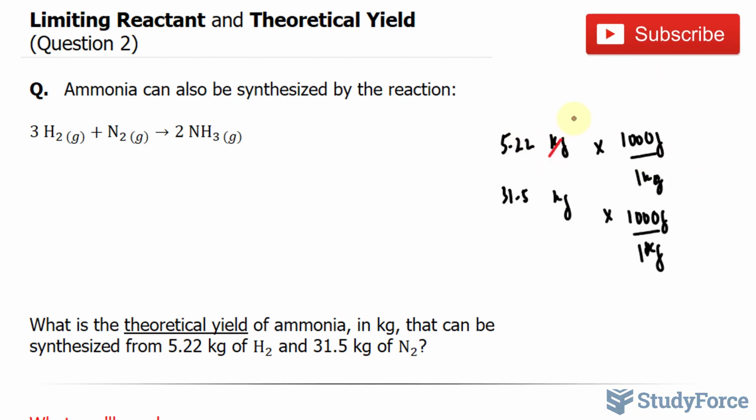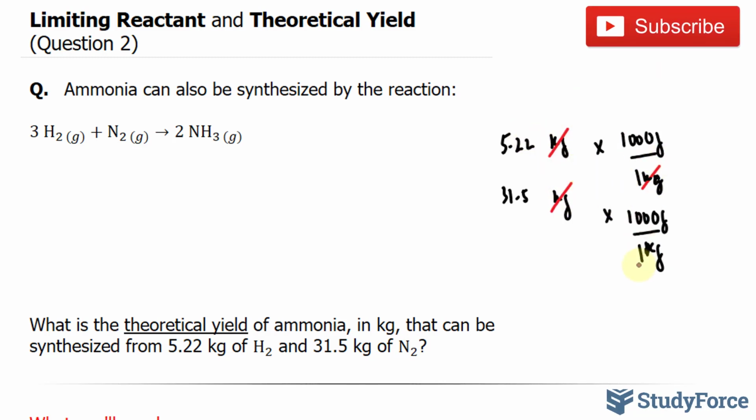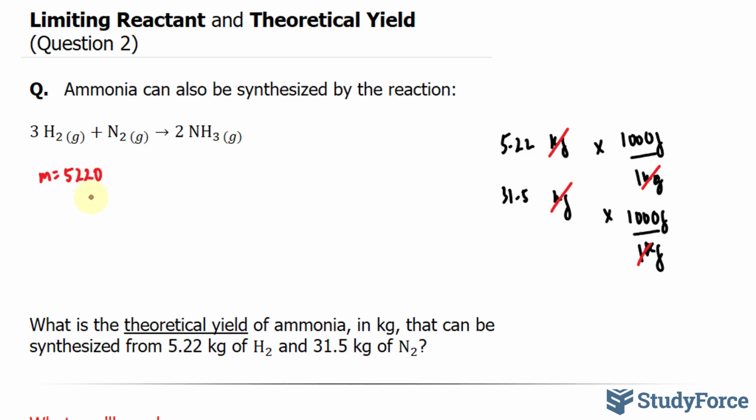Notice that the kilogram units for both of these calculations go away when you multiply them. Multiplying 5.22 by 1,000 gives us a mass of hydrogen gas that is 5,220 grams, and a mass for nitrogen gas of 31,500 grams.